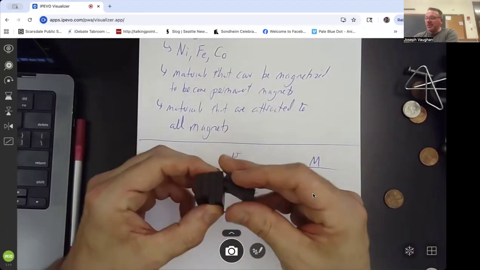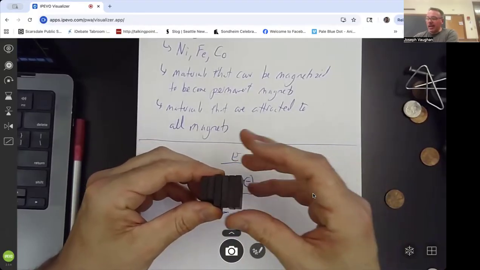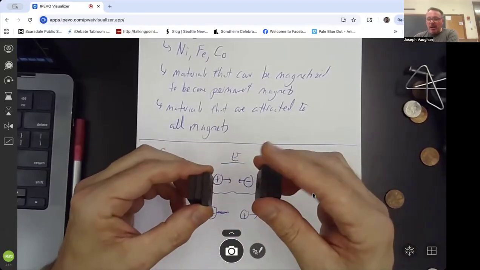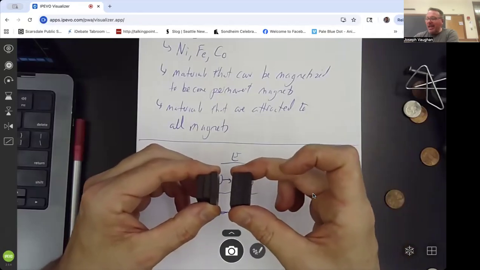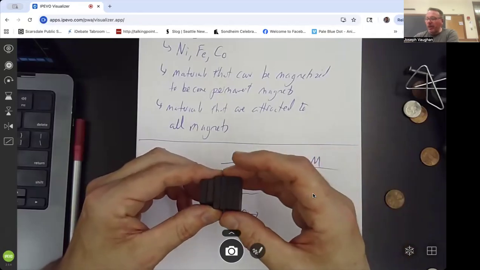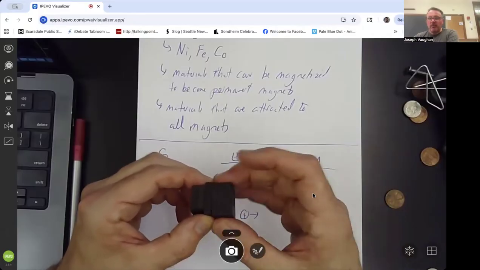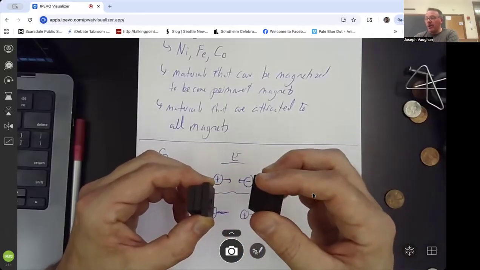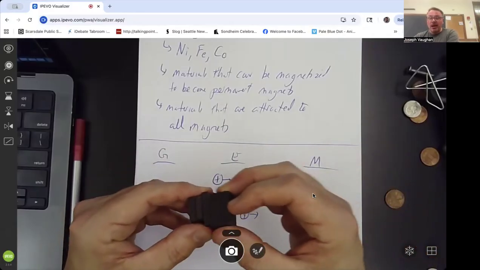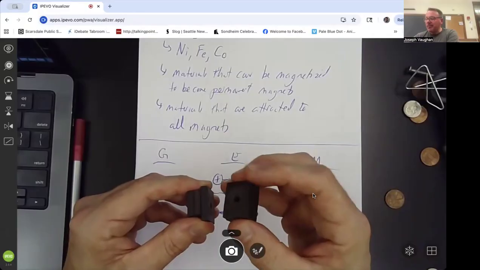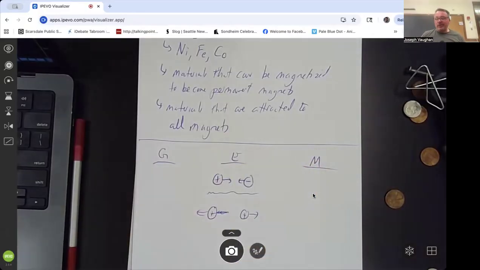But here, I've got something very different. This is attracting, but if I take the same object and flip it around, now they repel. It's almost like with the same object, one side of one attracts one side of the other, and the same side of that first object repels from the opposite side of the other object. So that's very different.